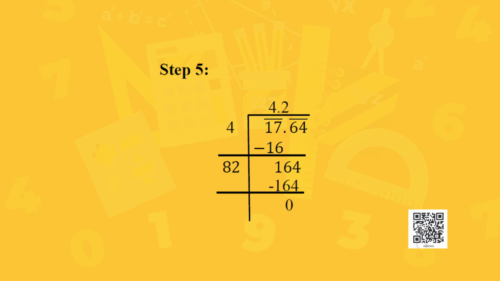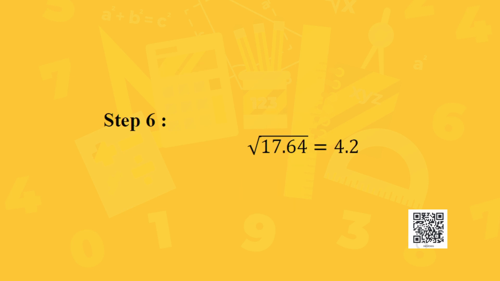Therefore, our new digit which has to be filled in the blank is 2. Now divide and get the remainder. When we place 2 there, 82 times 2 is equal to 164, leaving the remainder as 0. And finally, in step 6, since the remainder is 0 and no bar is left, the square root of 17.64 is equal to 4.2.